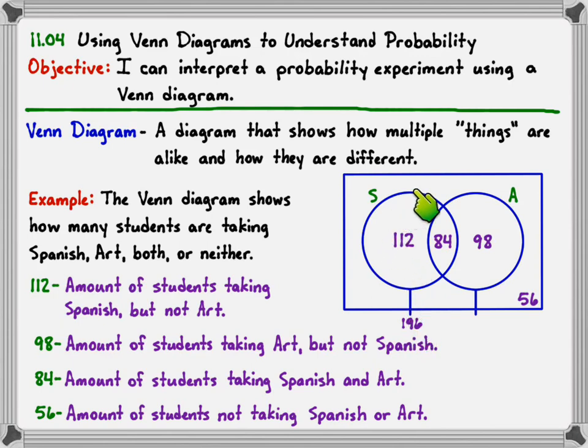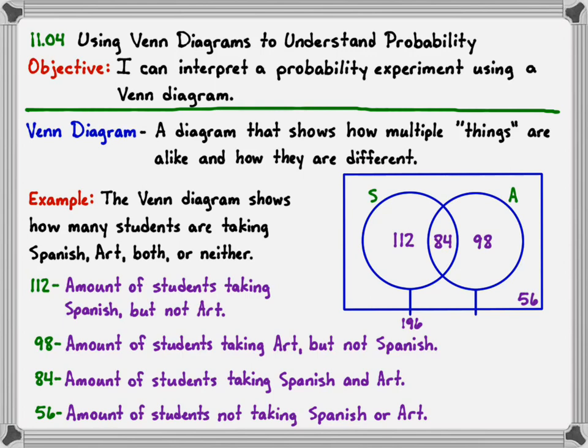If we want to know the total amount of Spanish students, we would add these 2 numbers together because this group of 112 is taking Spanish and this group of 84 is also taking Spanish. So when I add those together, I get 196. And as a result of that, we can say that there are 196 students that are taking Spanish. We're not talking about comparing art and Spanish here. We're just saying that there were 196 that took Spanish.